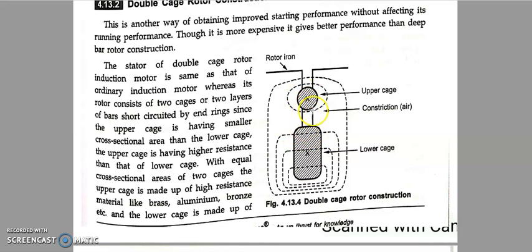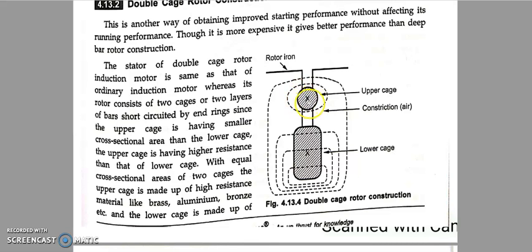Now coming to the upper cage, the same thing happens here. They have drawn only a single dotted circular line here. Depending upon different concentric circles, the accumulation of flux will be more over here and less here, so current is pushed upwards again. So current will flow on the surface.